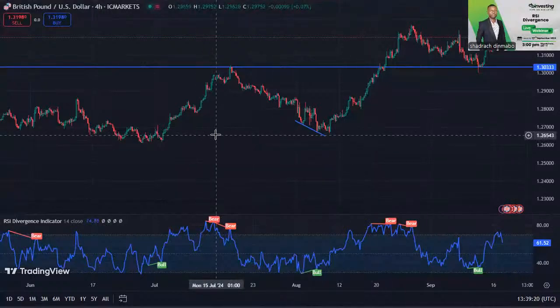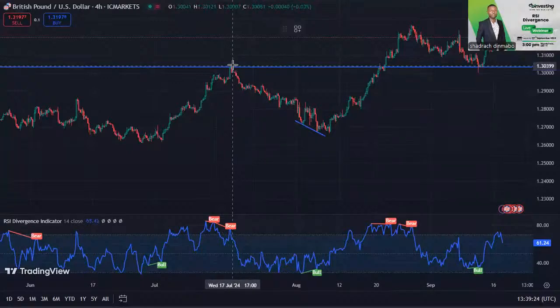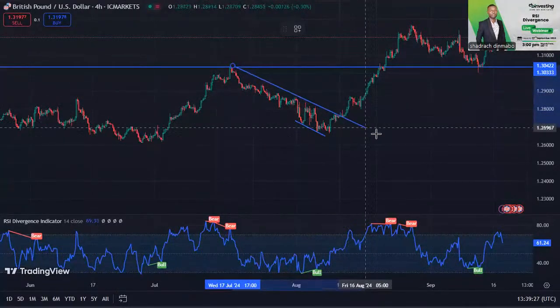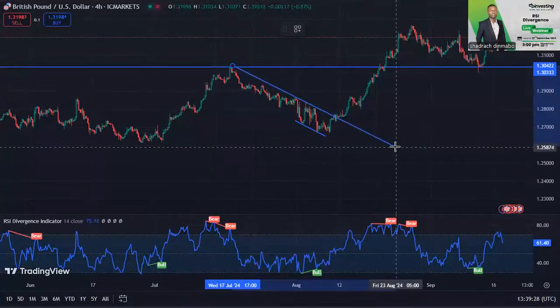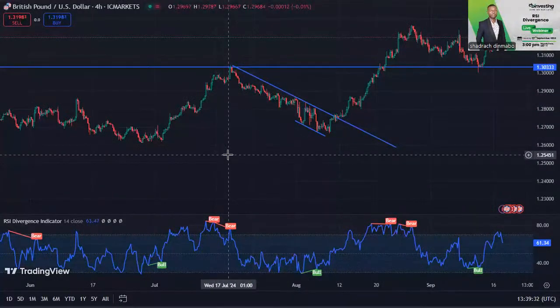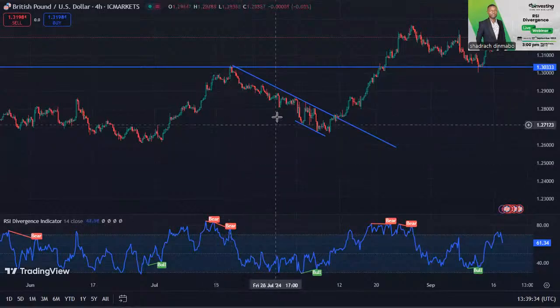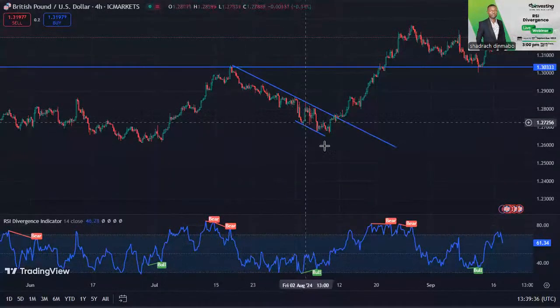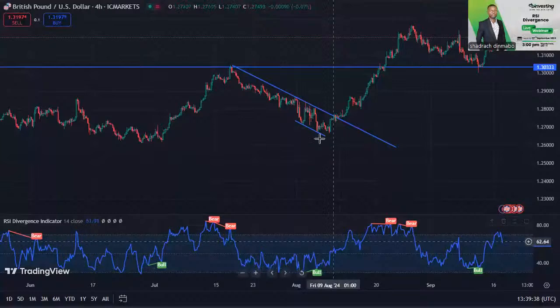Then we also have a trend line structure here that we're expecting the market to break. So two things here. Number one, we have a bullish divergence already.